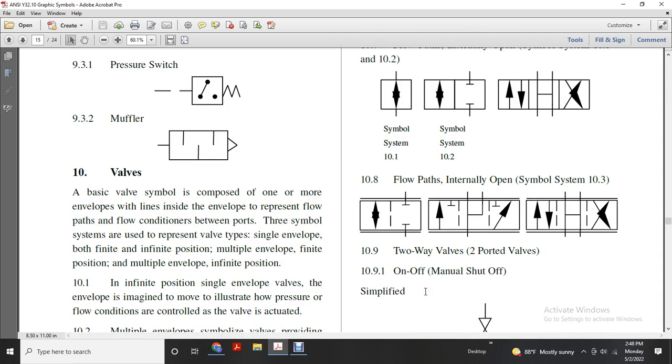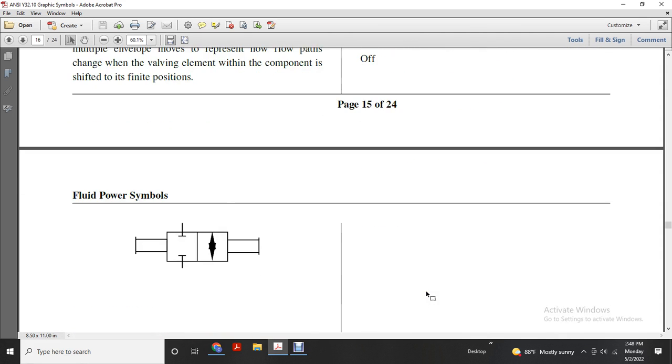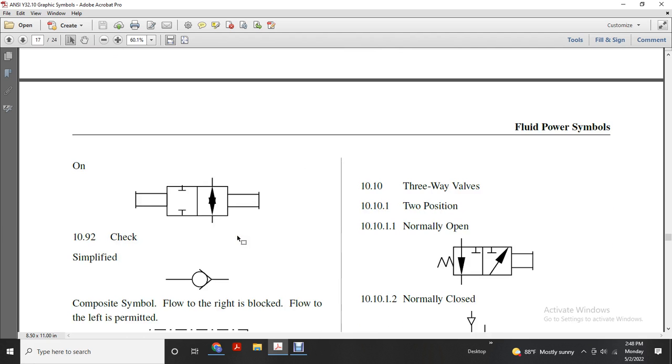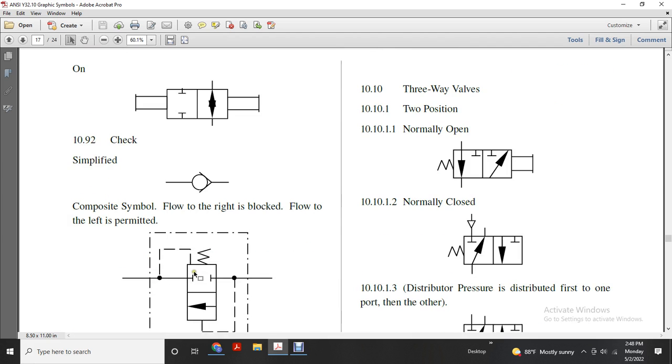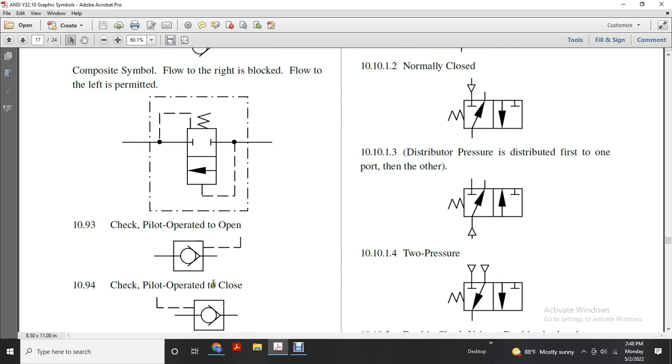Two-way valves: on and off, manual shutoff, simplified. Then it shows a picture of a check valve, simplified composite symbol, flow to the right, and flow to the left is permitted. Check, pilot operated to open. Check, pilot operated to close.